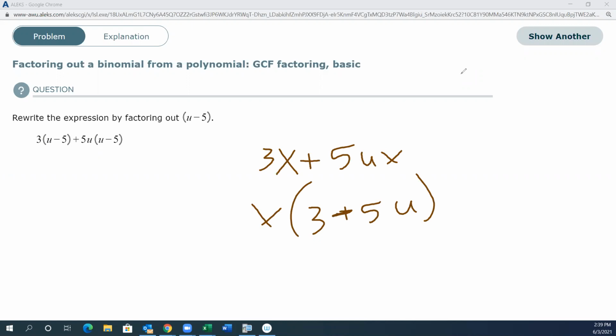Well, it's not an x. It's actually a u minus 5. So that's what we're going to pull out. So we pull out a u minus 5, and we're left with 3 plus 5u. That's how it's done. That's it. Practicing that will help you get used to the idea of factoring by grouping.